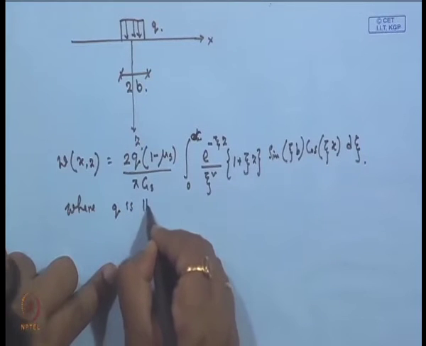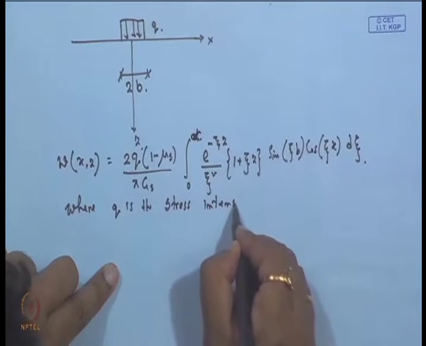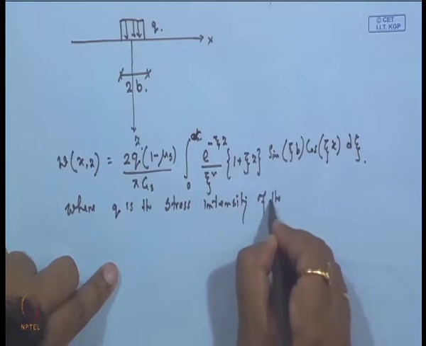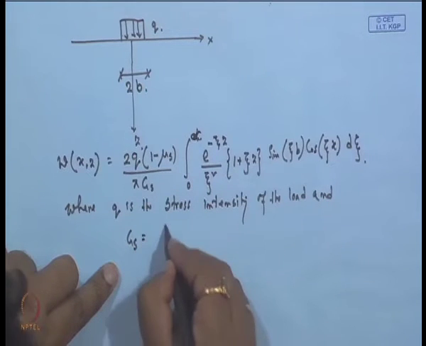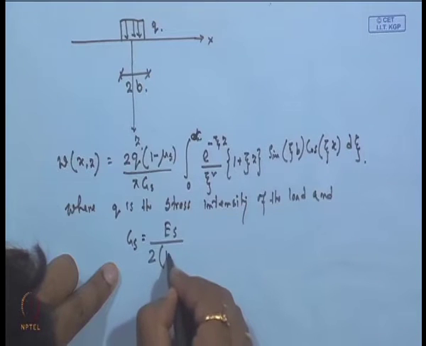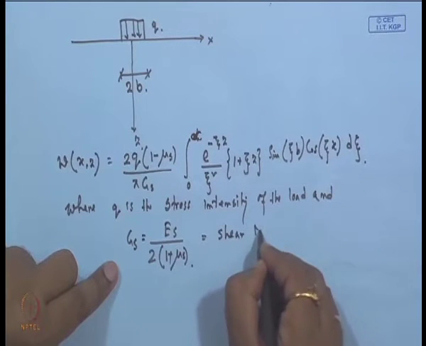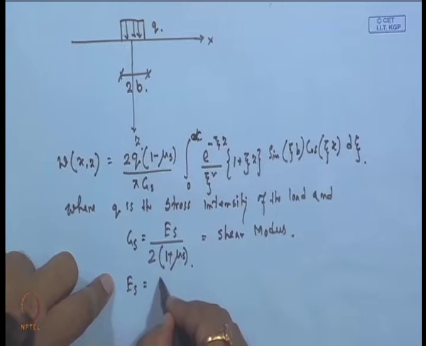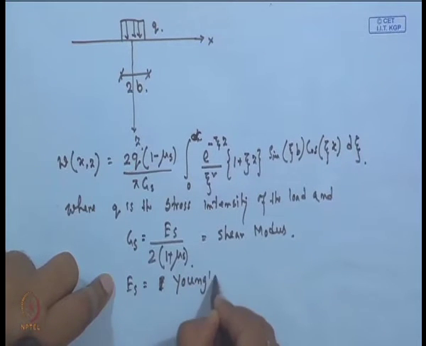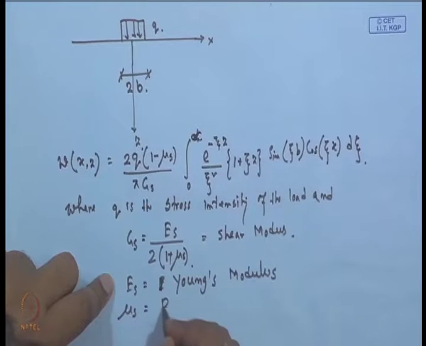q is the stress intensity of the load and G s is E s divided by 2(1 plus mu s), that is the shear modulus, and E s is the elastic modulus or Young's modulus, mu s is the Poisson ratio.